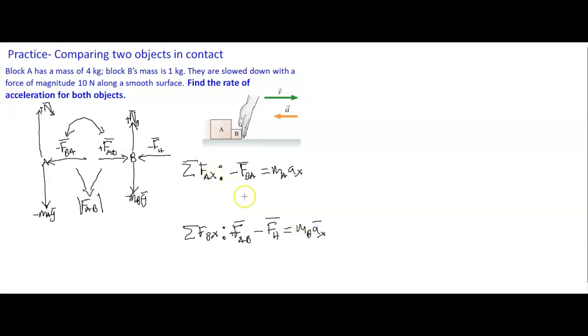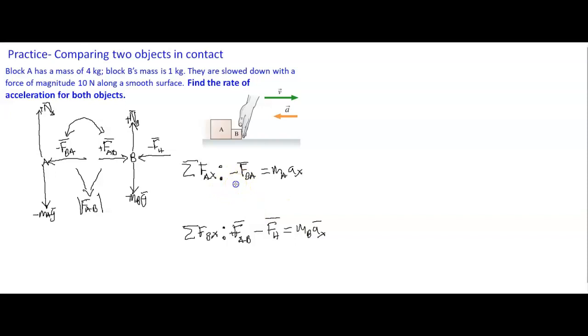Normally, since we know the acceleration is going to be to the left, because if the objects are moving to the right and they're slowing down, that means they have to be accelerating to the left, we would put a negative here and a negative here. But let's go ahead and let the math work itself out.